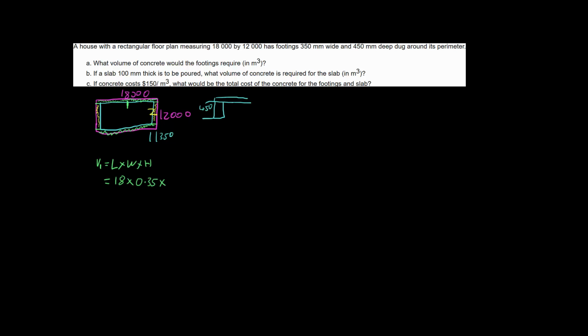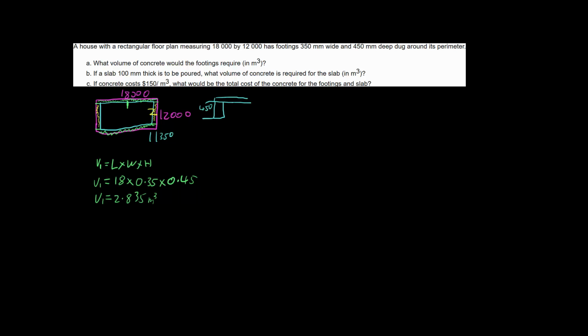And then our height, which is the depth of my footings, which is 450 millimeters, which in meters is 0.45. So if we multiply these out, we get 2.835 meters cubed of concrete just for that part there across the top.